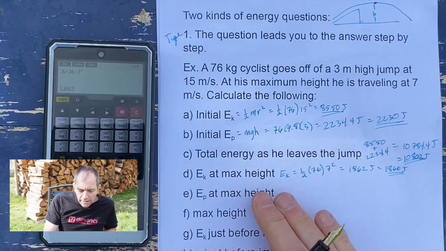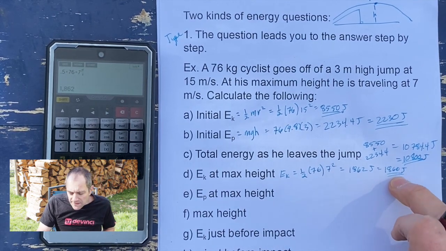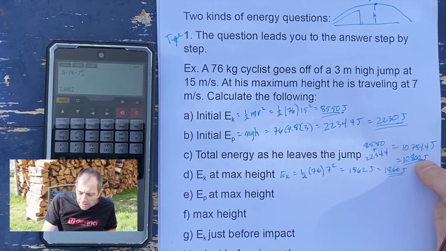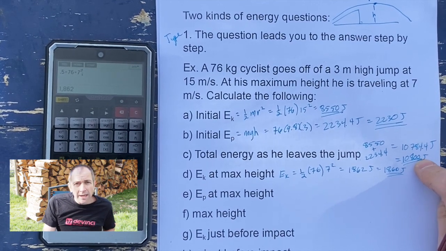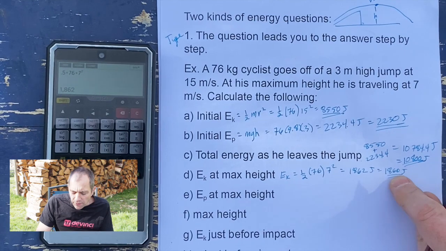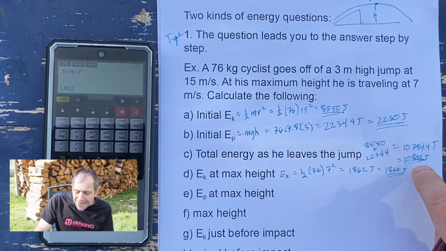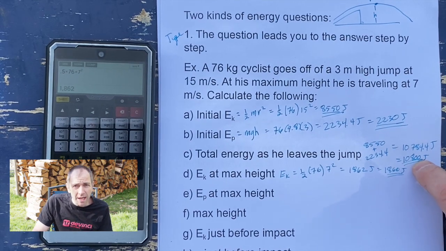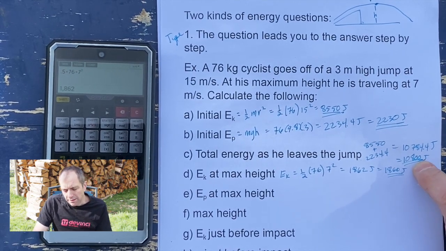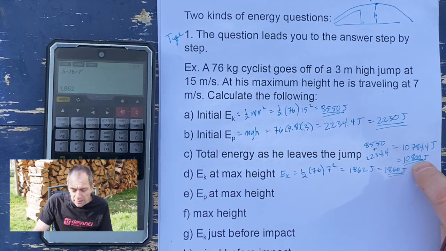What you're looking at here is your kinetic energy is this number, but remember in part C, we found out the total energy was 10,800. Here's what I want you to be thinking: if he's only got 1,860 joules of kinetic energy, but 10,800 altogether, where's the rest of it? The rest of it has to be somewhere, and must be in potential energy.